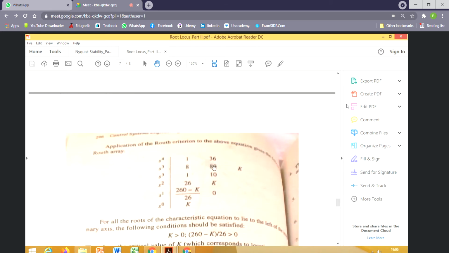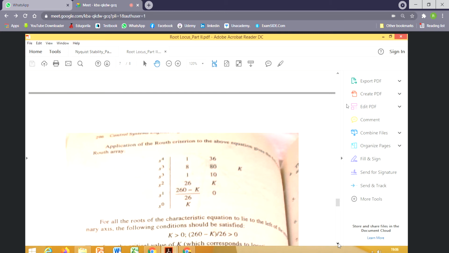Yes, s to the power 4: 1, 36, K, and s cube: 8, 80. So we can divide the elements of this row by 8, and this row will now contain the terms 1 and 10. Okay. So for s square, the elements are 26 and K.